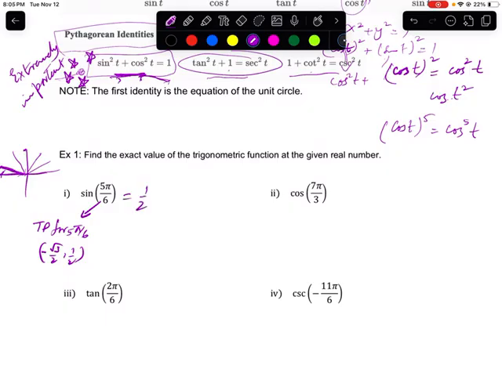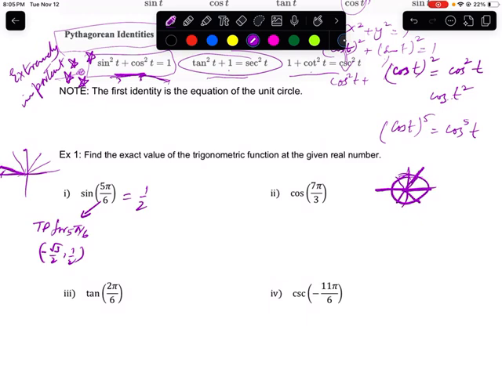Okay. Next is cosine of 7 pi over 3. Okay, where is 7 pi over 3? So again, now you can figure it out. So 1 pi over 3, 2 pi over 3, 3 pi over 3, 4 pi over 3, 5 pi over 3, 6 pi over 3, 7 pi over 3.